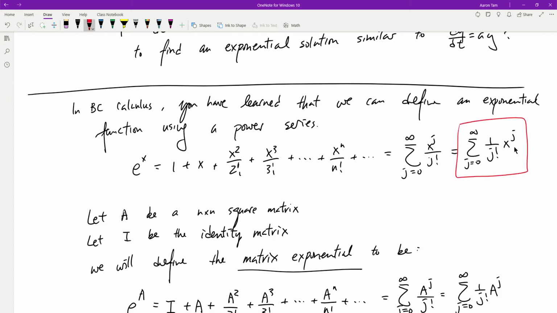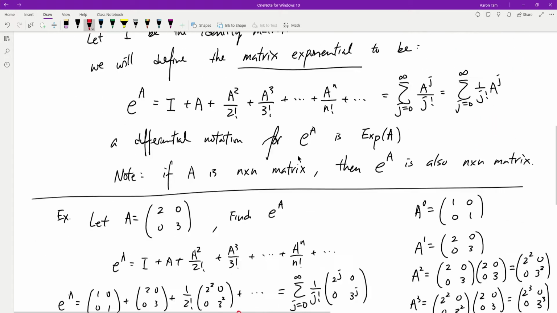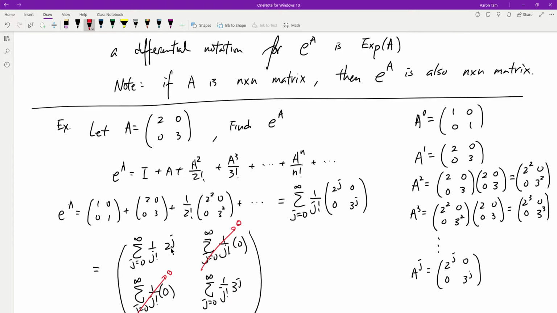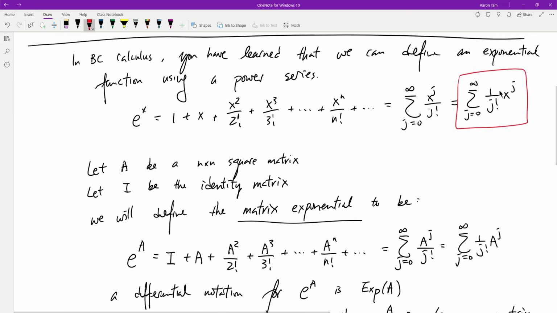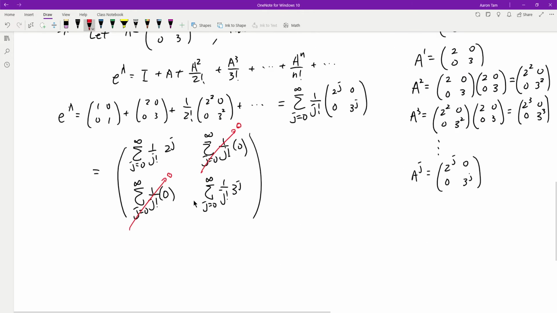This one has an x to the j, and we have a 2 to the j. And that sum is equal to e to the x. So if I look at this correctly, I replace the x with the 2 in this summation, so I should replace the x in e to the x with a 2 also. And that's exactly what it's going to be.